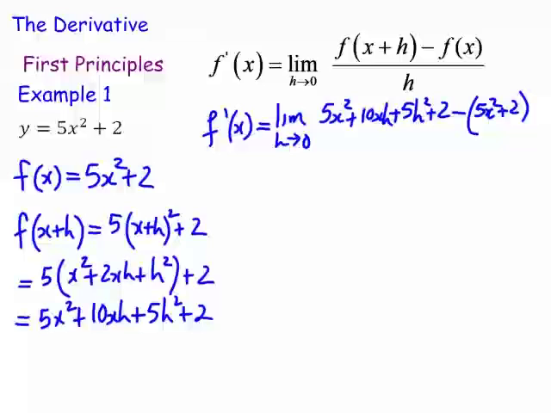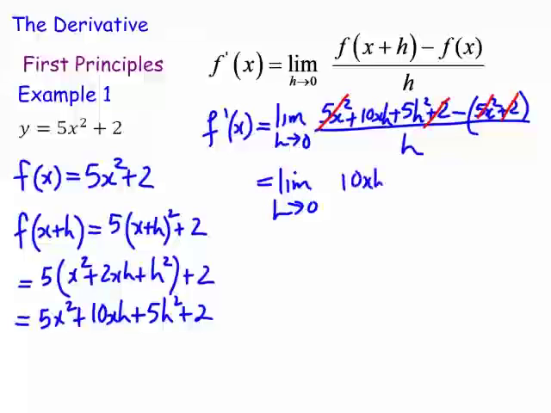Now it's all over h. We can see that a few things will cancel. We have 5x squared and a minus 5x squared. We'd actually have a minus 2 and a plus 2, so the plus 2 and the minus 2 would cancel if I expanded that out with that minus sign there. And so we'd end up with the limit as h tends to 0 of 10xh plus 5h squared all over h.